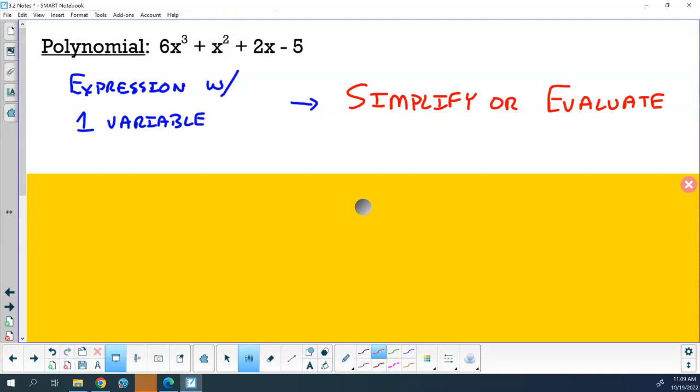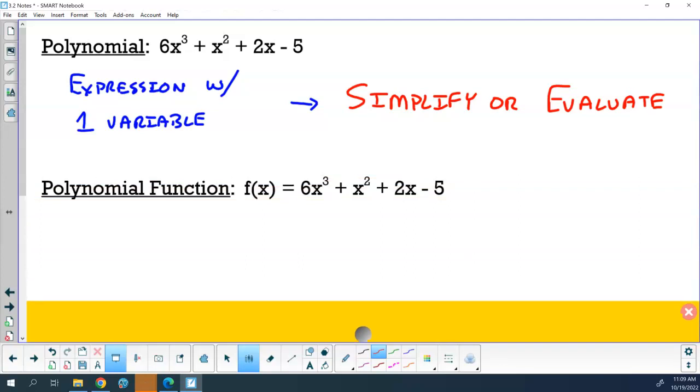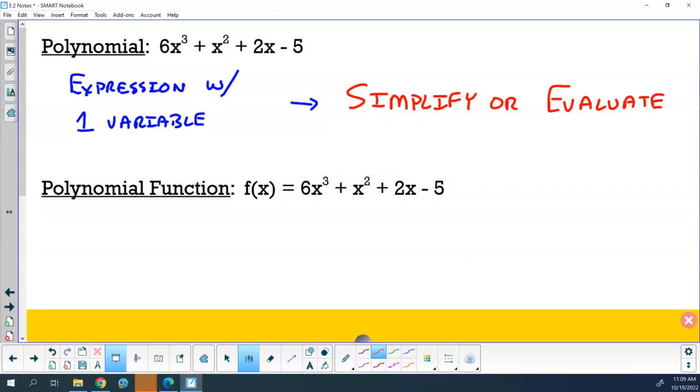Then you plug 5 in, and you get your answer. Now, that very same polynomial, if I write it in function notation, now it becomes a polynomial function. And a polynomial function is an equation.